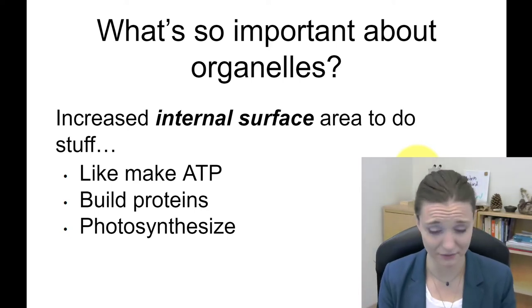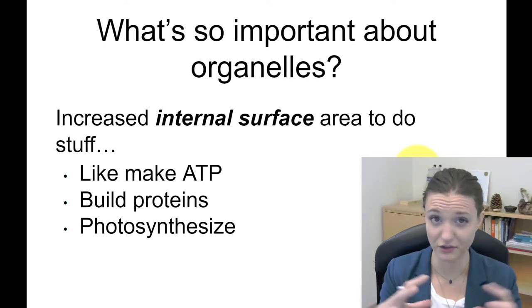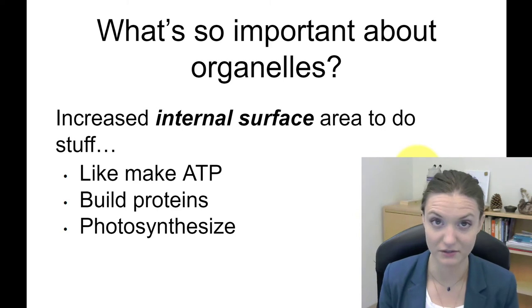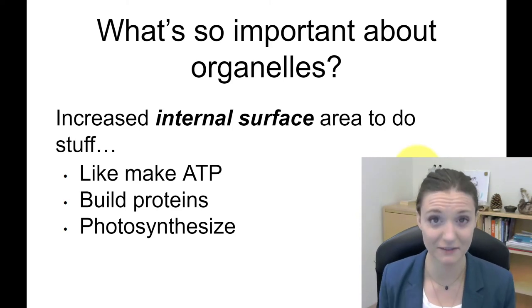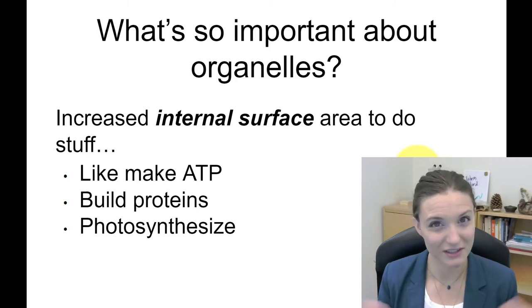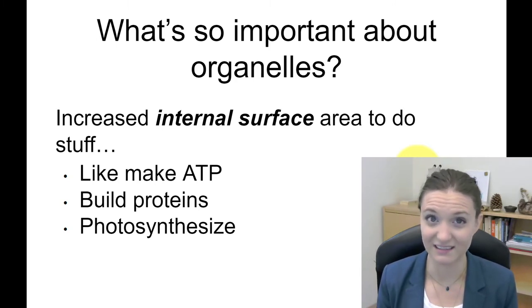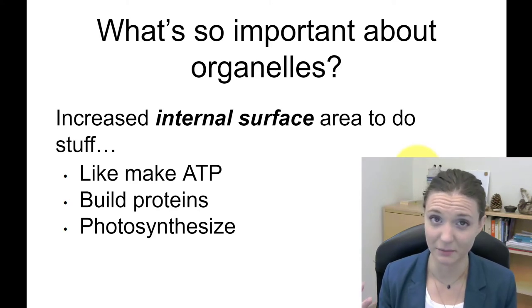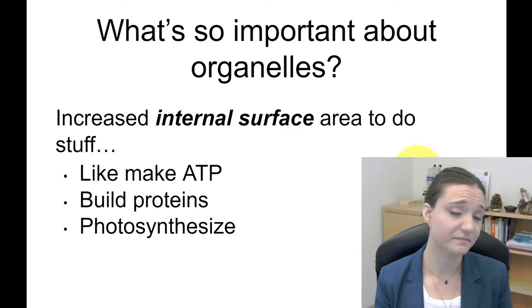That's a problem. If your outer cell membrane is larger and larger, your cell just gets larger, and you're going to increase the volume of your internal cytoplasm way faster than you'll increase the surface area. So not super good if everything you need to transport in and out of that cell is coming across that cell membrane. You want a large surface area to the external environment compared to your internal volume.